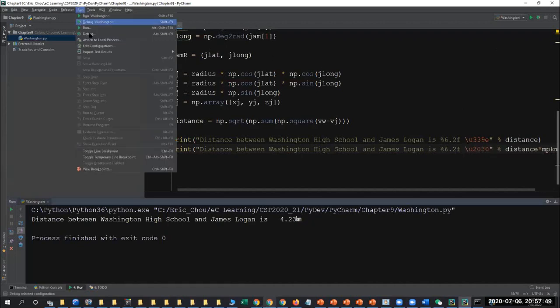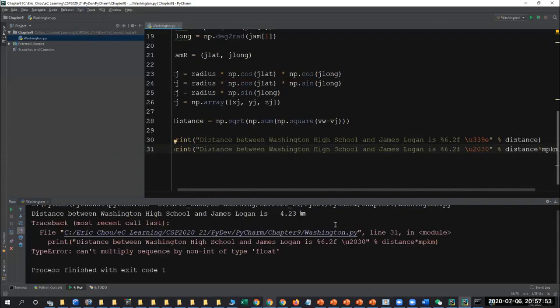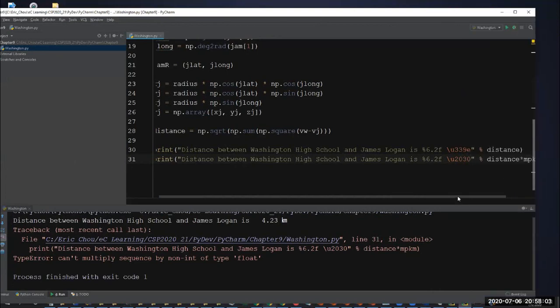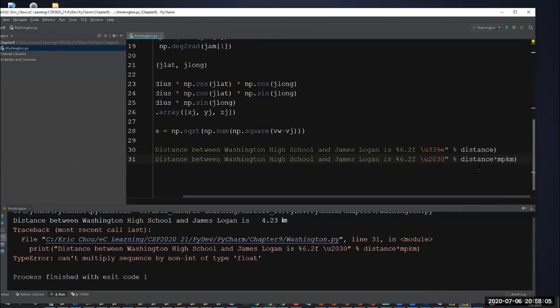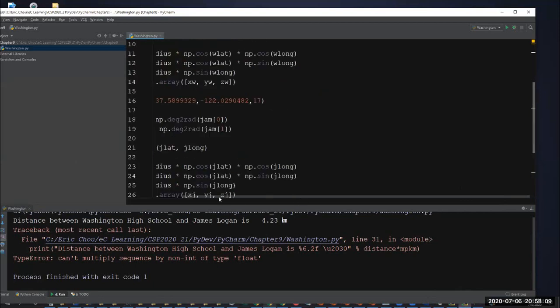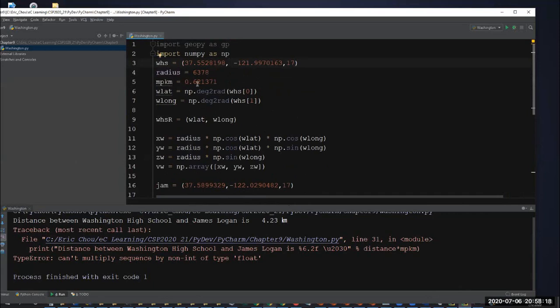Okay, let's run this one. Distance times mile per kilometer.